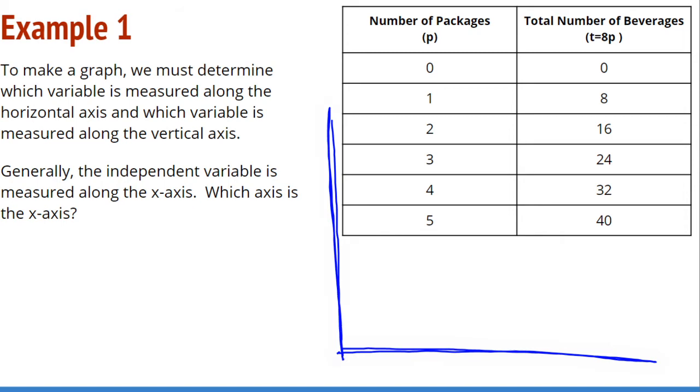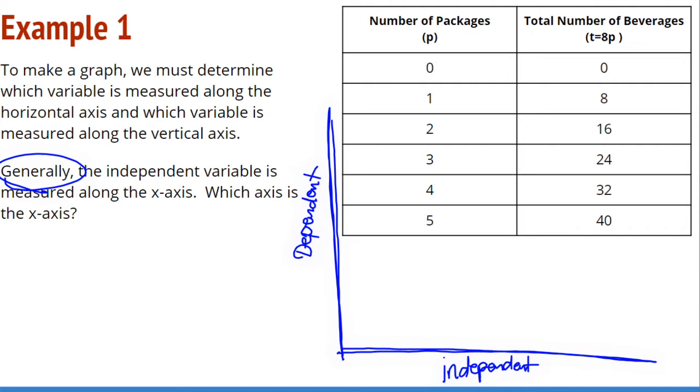Usually, normally, generally, the independent variable is measured along the x-axis. We would have our independent variable, and our dependent variable would go on our y-axis, our vertical axis.